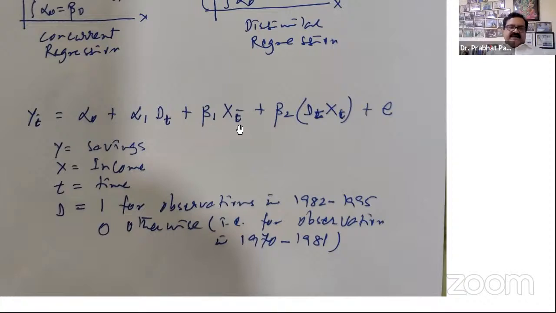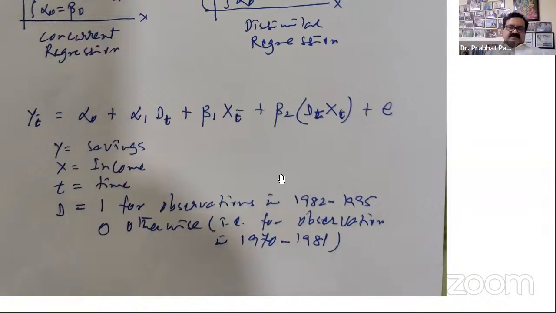Then beta 1 xt, where xt is the variate that we are using here. And then beta 2, we are using the interactive dummy. D into x means the dummy multiplied by the variate is an interactive dummy that we have created. Why? Because here we want to divide this whole observation into two time frames. One is from 1970 to 1981, and the other one is from 1982 to 1995.